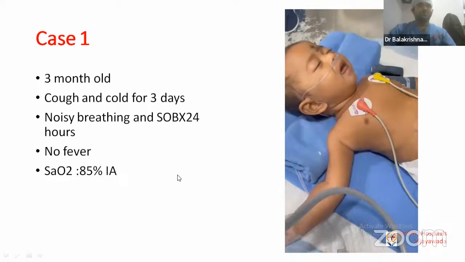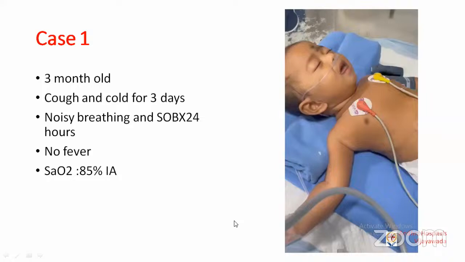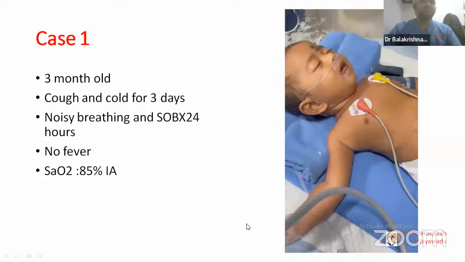No one wants to comment on this child? Three-month-old, it would be laryngomalacia, sir. Okay, good. So laryngomalacia is there, but still at 3 months the child is normal, right? So there was no past history. But it can be one of the DDs.